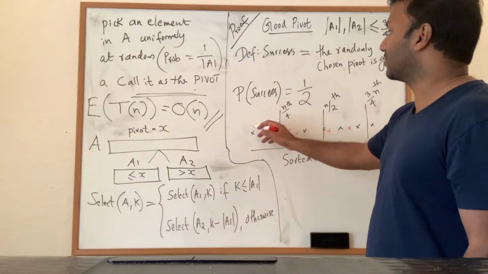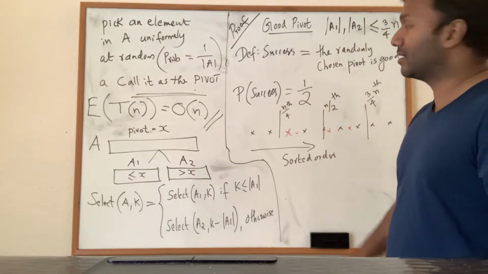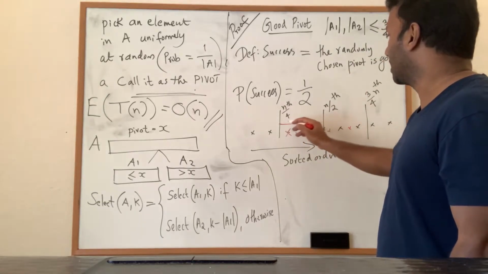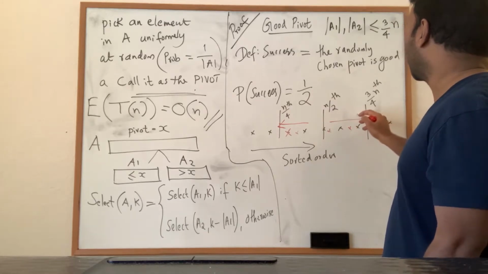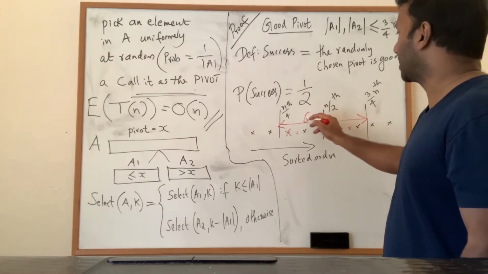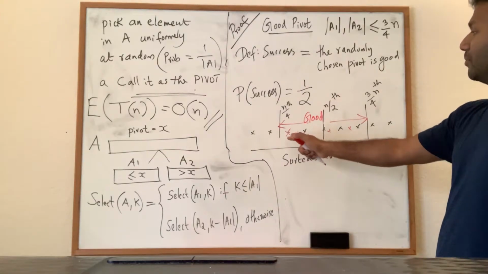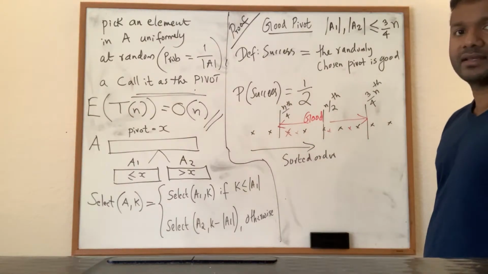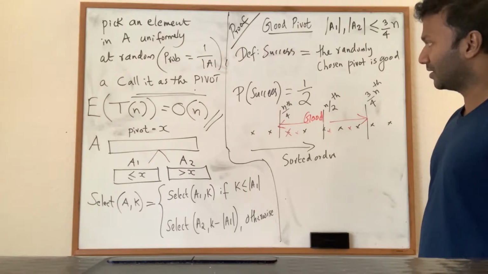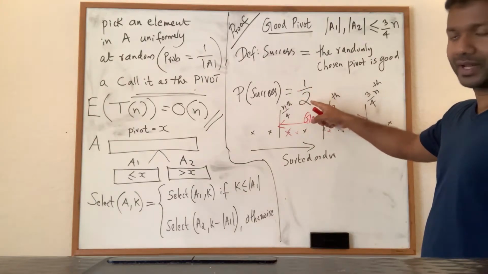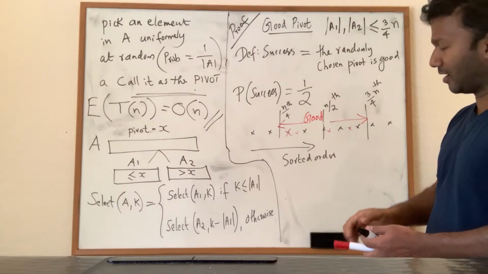However, if I am picking something from here, then this condition will be violated, which means as long as I am picking anything from this region, that is good. Okay, and the number of numbers in this region is n over 2. Therefore, the probability of success is n over 2 over n, therefore half.